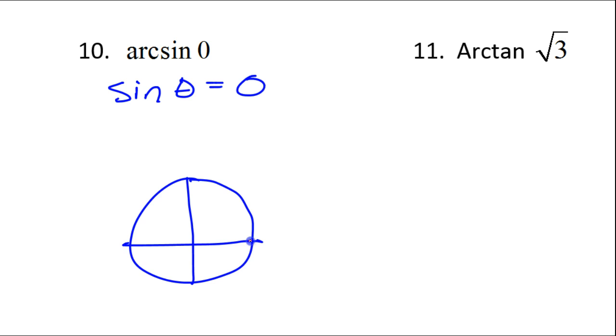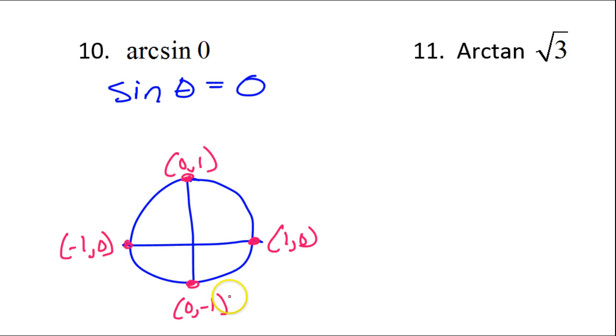So these are the 4 quadrantal angles. The coordinates are 1, 0, 0, 1, -1, 0, and 0, -1. Sine is the y value, so we need the y value to be 0.